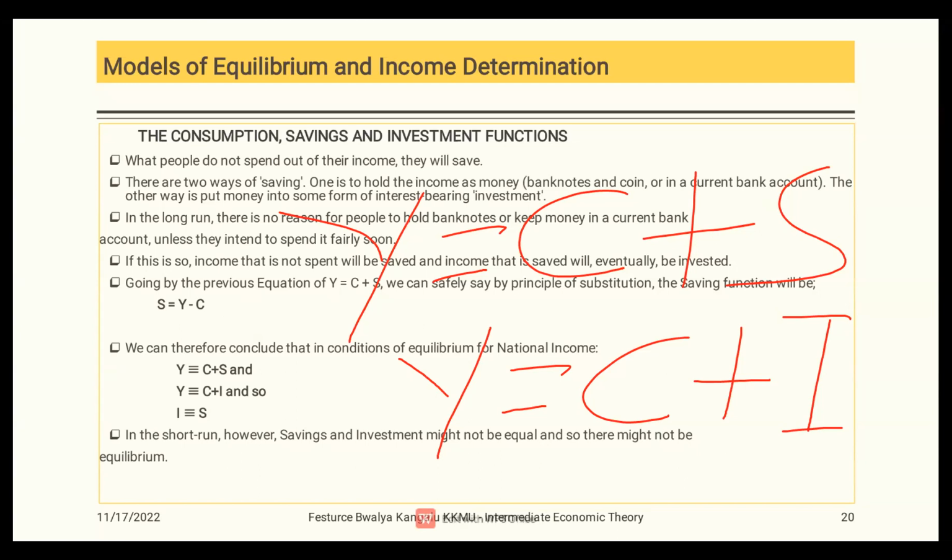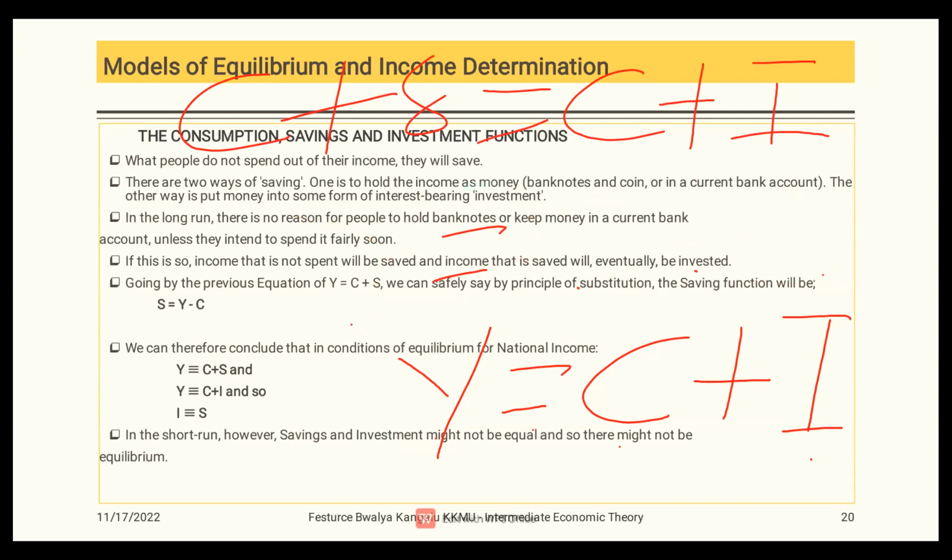If that is the case, then we can equate the two equations, because Y is equal to consumption plus savings and Y is equal to consumption plus investment. Then we can rationally say consumption plus savings is equal to consumption plus what? Investments, right? Yes.